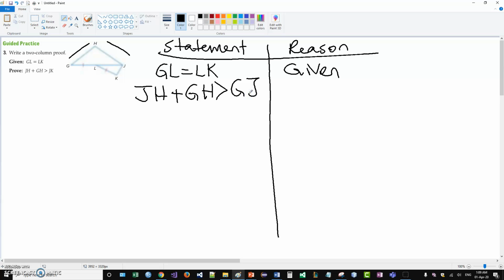And the reason for that is the Triangle Inequality Theorem.